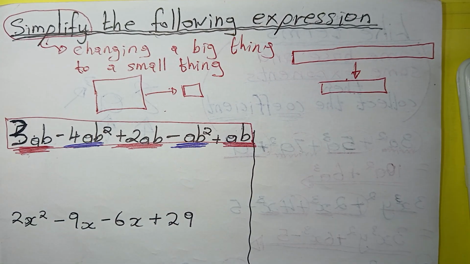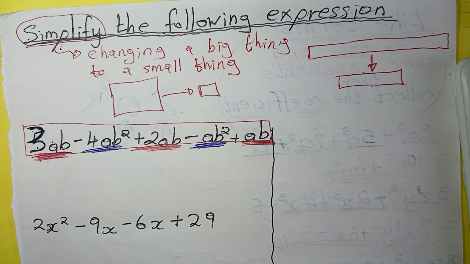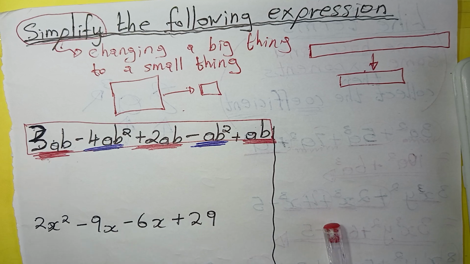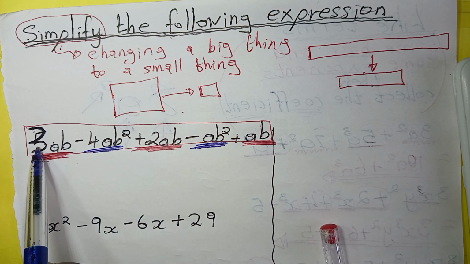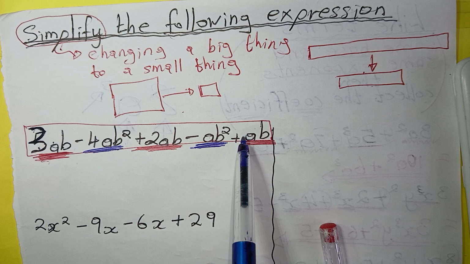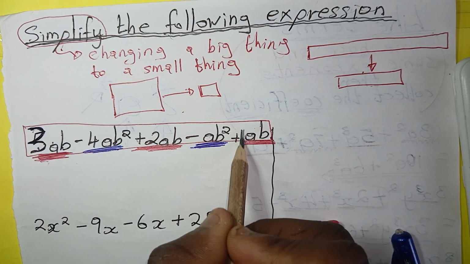So when you collect like terms, as you can see, these ones are the like terms, this 1, 2, 3, as well as this 1, 2. So you will say 3 plus 2 and plus invisible 1. Do not forget, guys, here we got invisible 1.